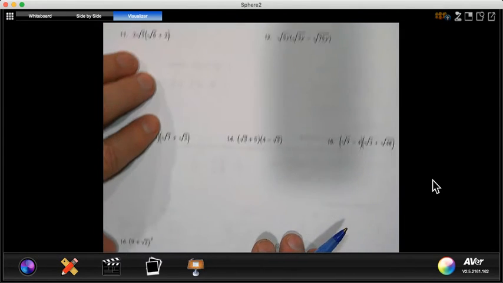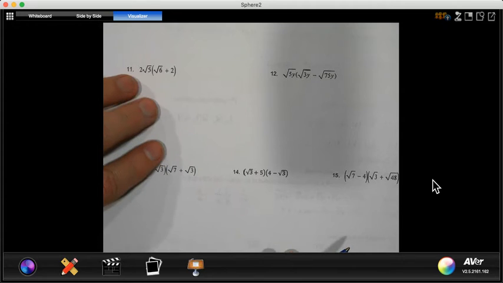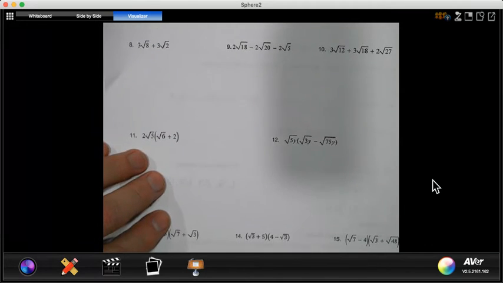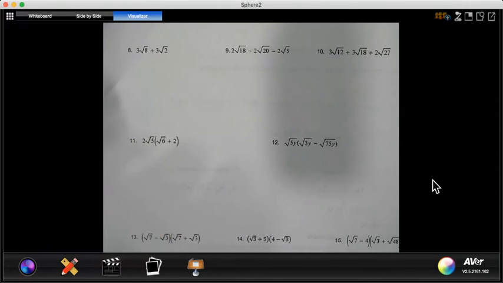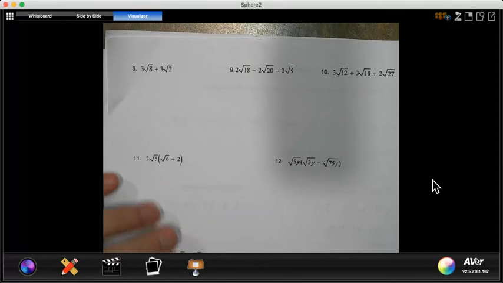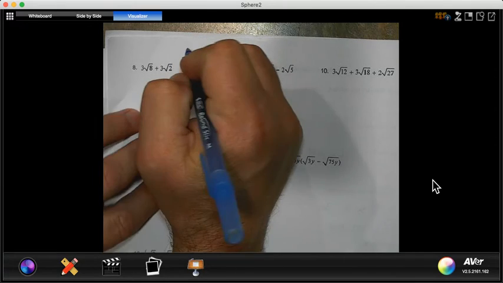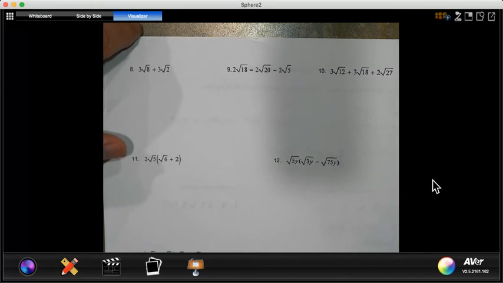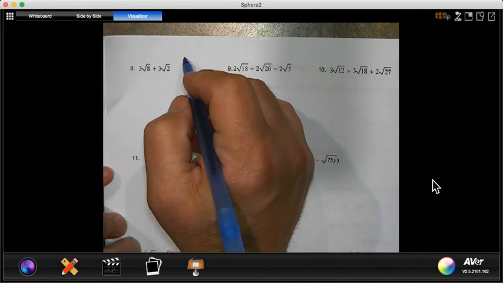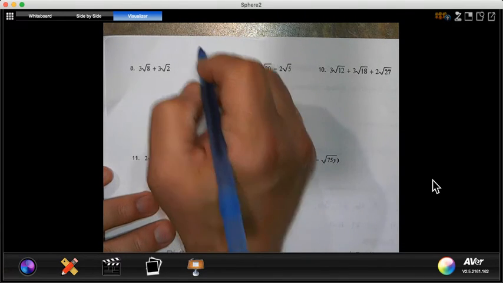Adding and subtracting radicals. It's kind of weird that we don't have an easy sample problem to go off of, so I will make one up right up here above. Okay, so in order to add roots, they have to be alike.